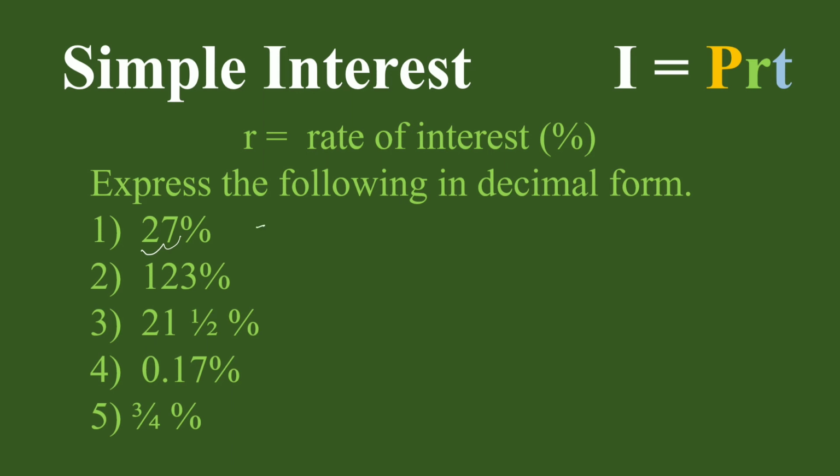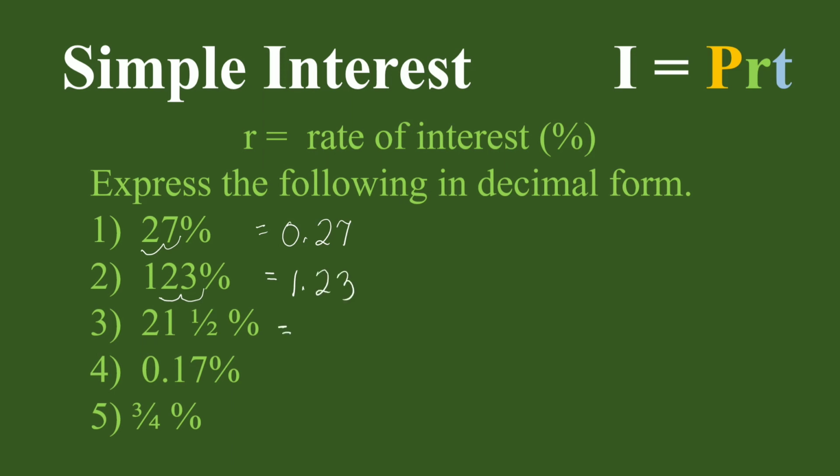So that would be 0.27. Or you can also divide this 27 by 100. It's the equivalent of percent, 27 over 100. How about 123%? So just divide by 100 or 2 decimal places to the left. So that is equivalent to 1.23.